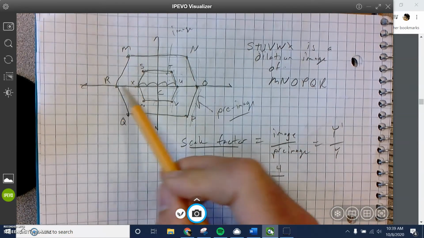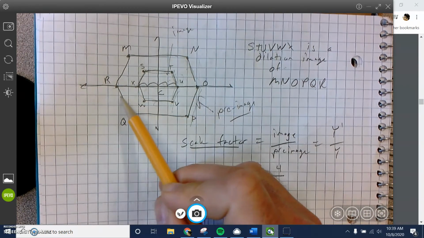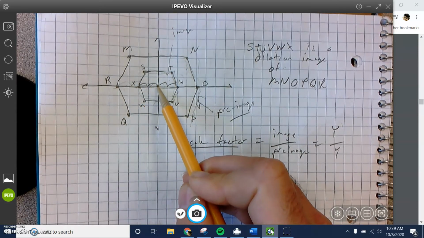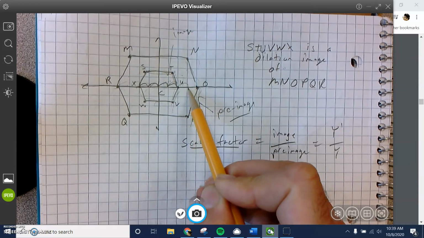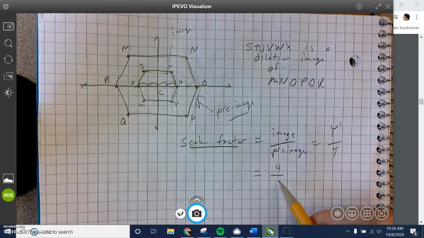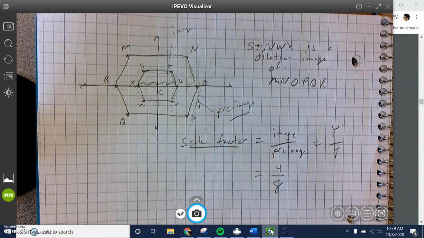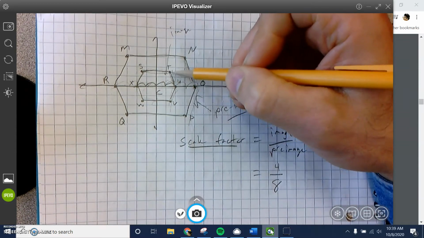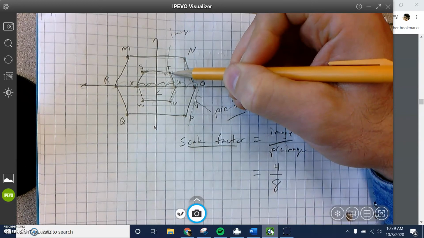Now here, R to O, that's the middle of this. So this is going to be 1, 2, 3, 4, 5, 6, 7, 8. So the pre-image is 8 across the middle. Yeah, you can do that. I could also do this and this, but I don't know. Is that a half? Is that a third?